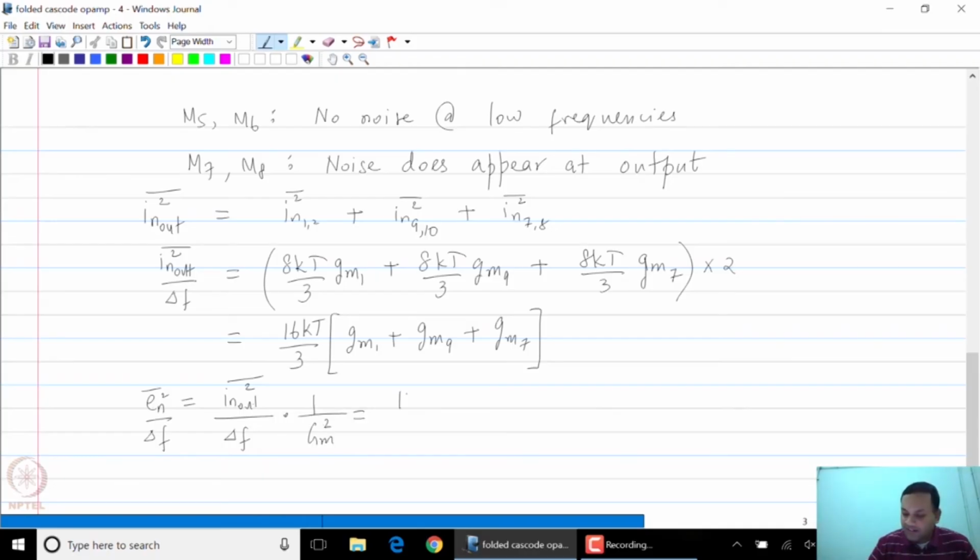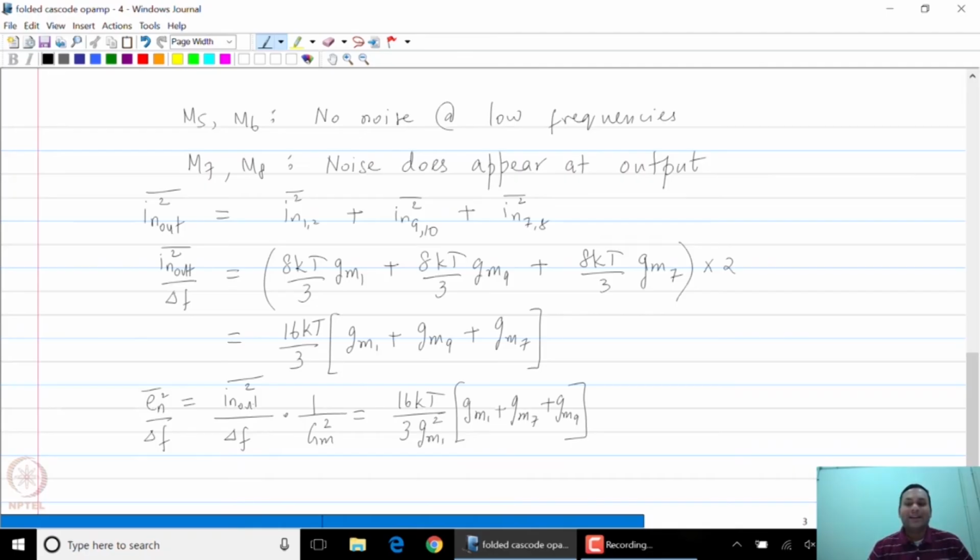So this is clearly 16 kT by 3 GM1 squared into GM1 plus GM7 plus GM9. So this is the input referred noise of the folded cascode op-amp.